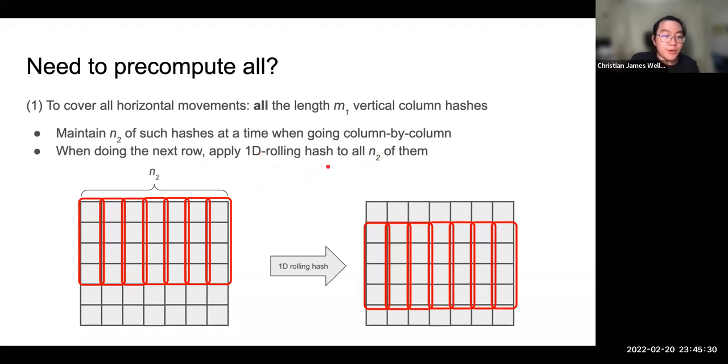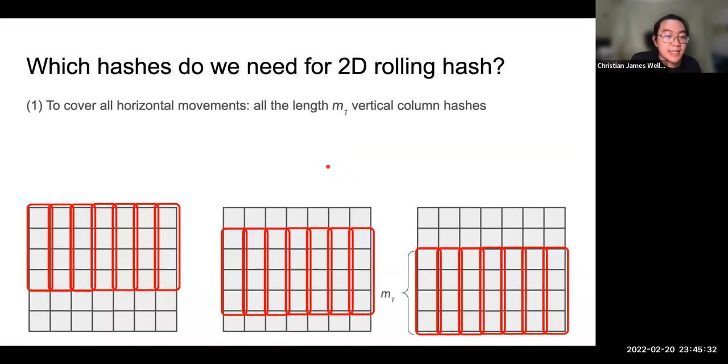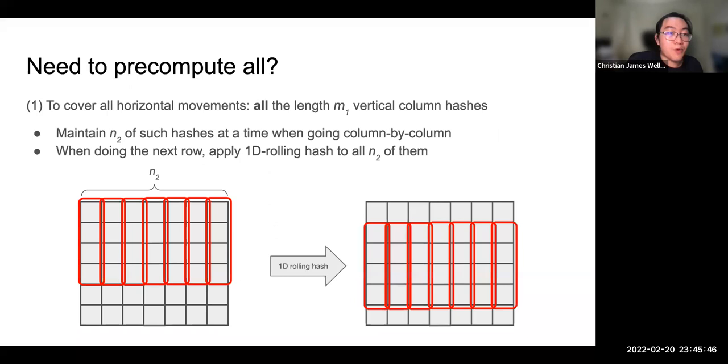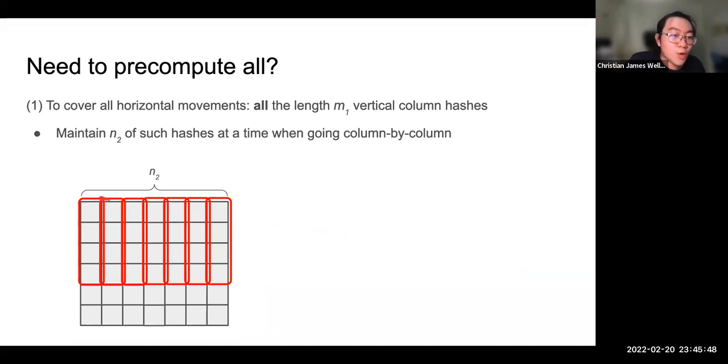What I mean is that, remember I said I need all these hashes, but do you need to pre-compute every single one of them? Do you need to compute, say, 8 times 3 of them over here? What you can do is compute the first 8 first, and then you don't need to compute the next 8 naively.